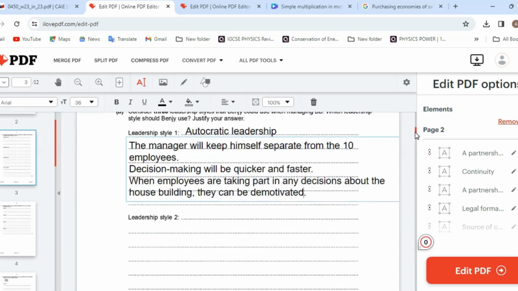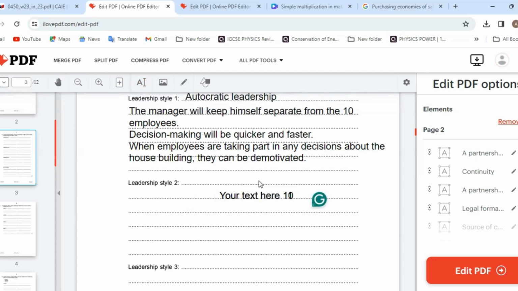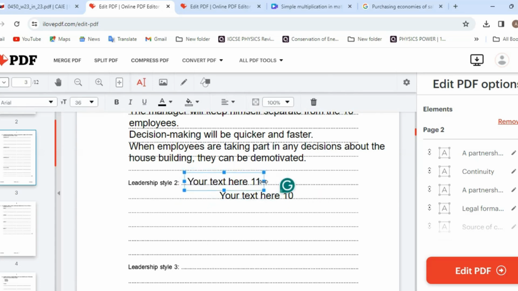The second leadership style we mentioned is democratic leadership style. That is, here employees are involved in the decision making by the business. Okay, let's try and bring out some points under democratic leadership style.